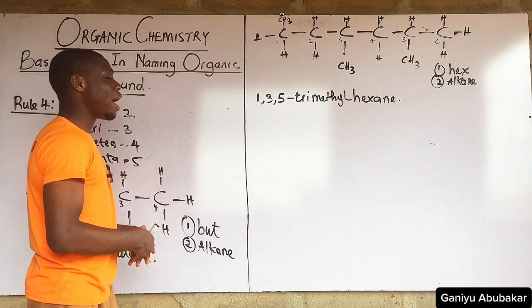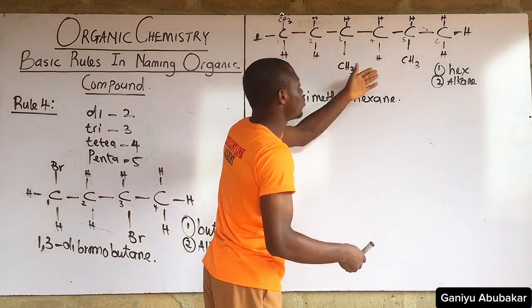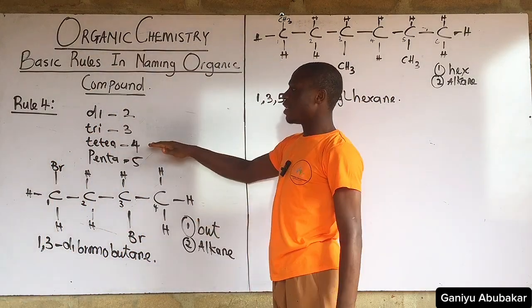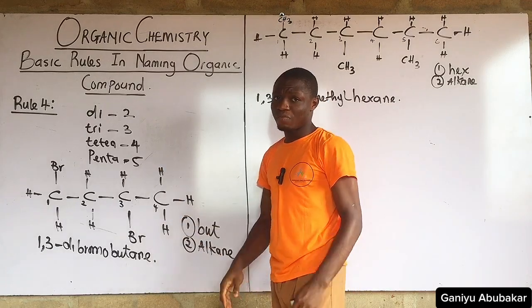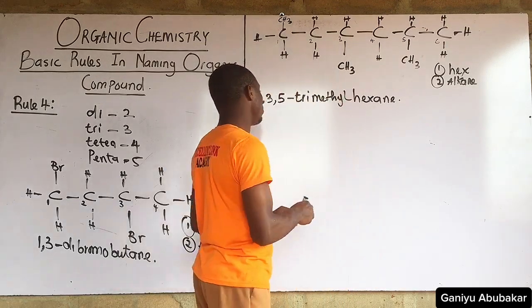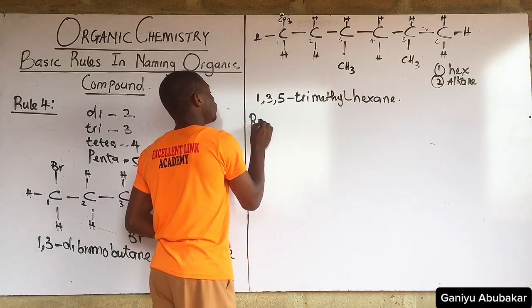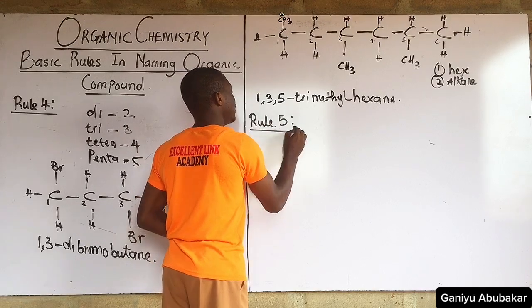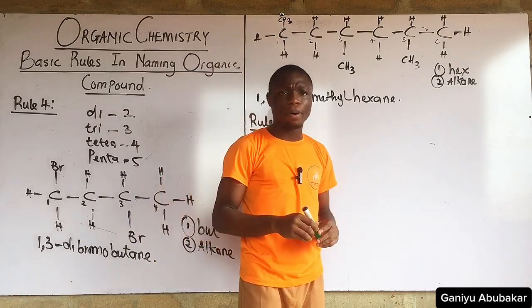So this is the concept behind rule 4. If the substituents occur more than one time, use the prefix di for 2, tri for 3, tetra for 4, and penta for 5. Let's discuss the fifth rule in naming organic compounds.